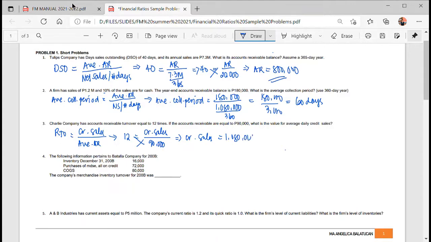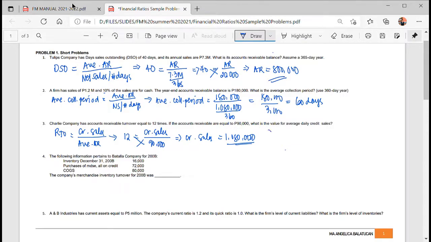This is only the total credit sales for the entire year. But how much should be the daily credit sales? So we are going to divide this by the number of days in a year depending on the problem, since wala man siya specification as to the number of days. So we can use either 365 or 360.